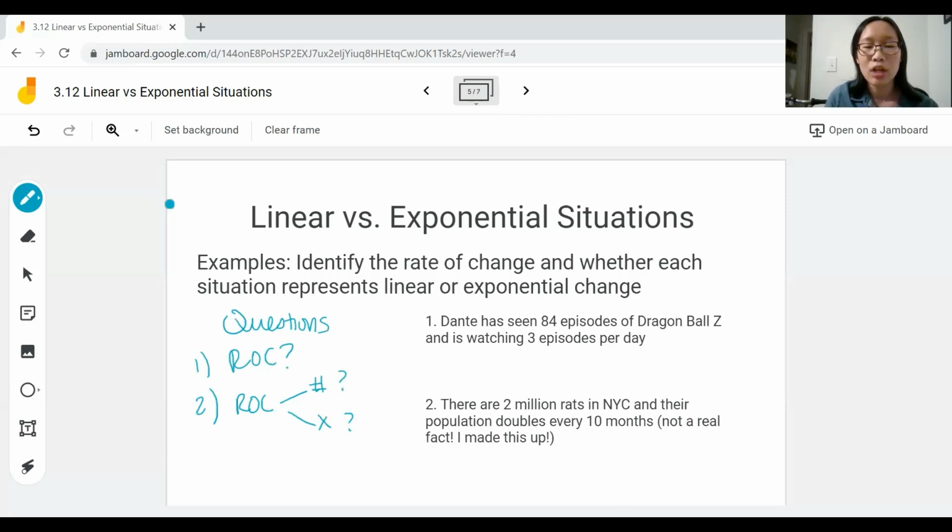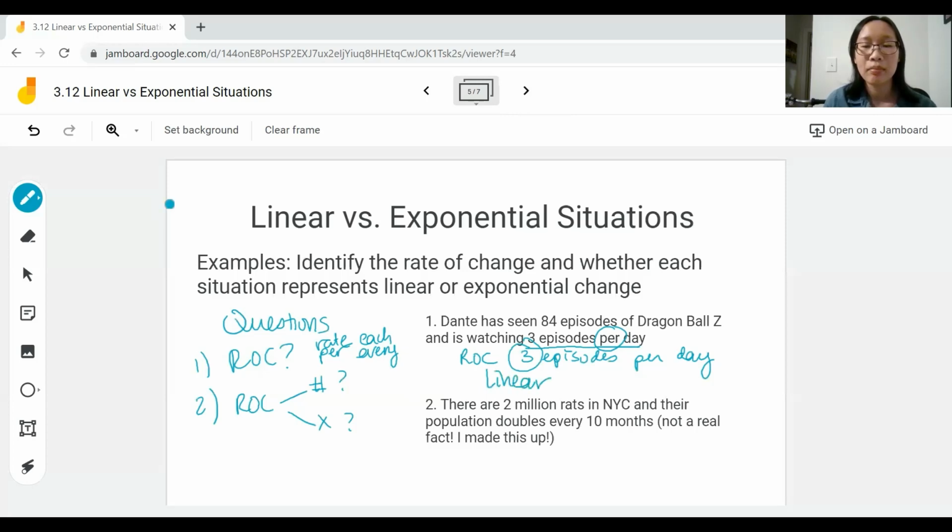So my rate of change keywords are rate, per, each, every, and I see a per, which means that my rate of change is going to be my 3 episodes per day. My second question, is the rate of change a number or is it a multiplier?